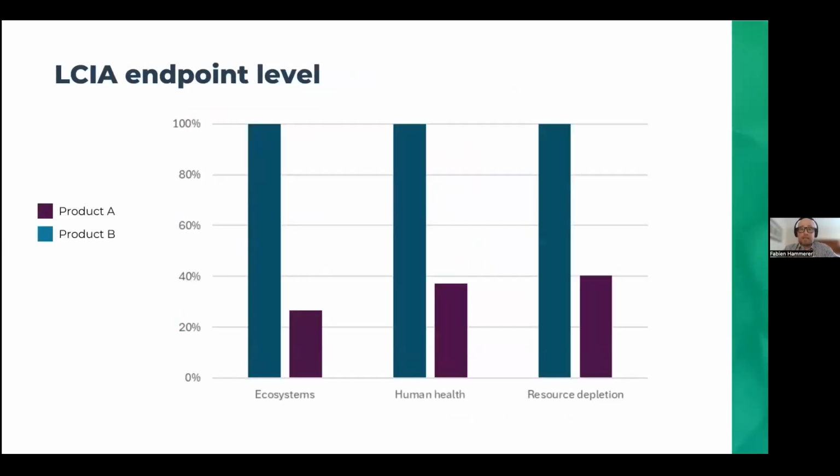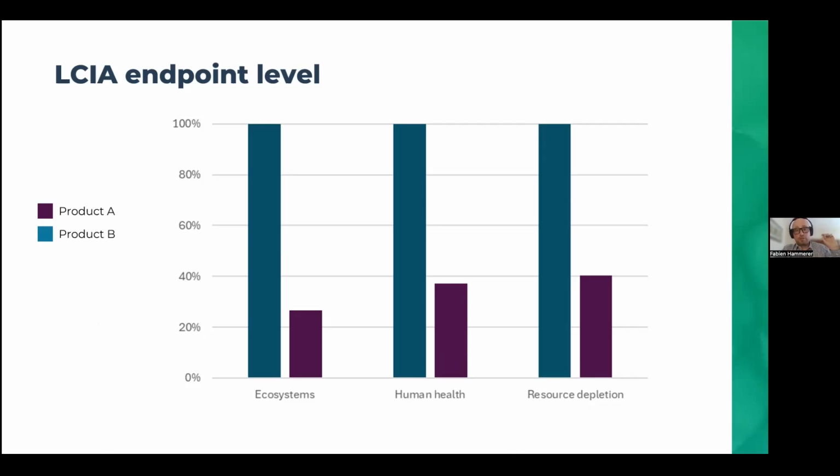This means now, as a decision maker in an organization, from 40-odd categories, you only have three. You can look at the damages to ecosystems, to human health and resource depletion. And it looks that in that case, product A is basically performing better.